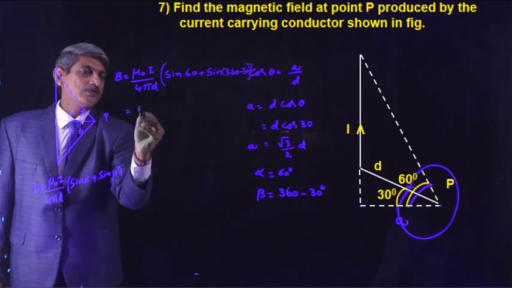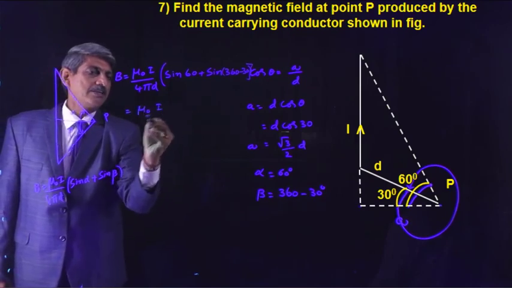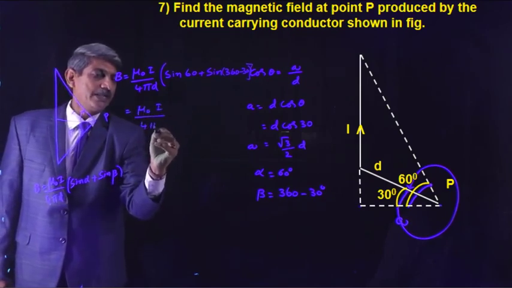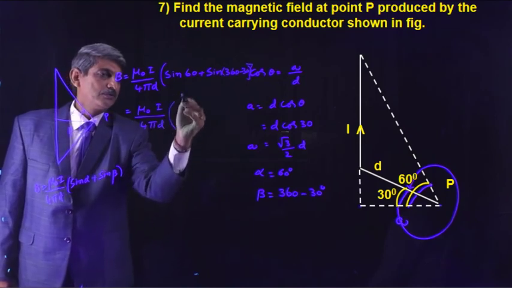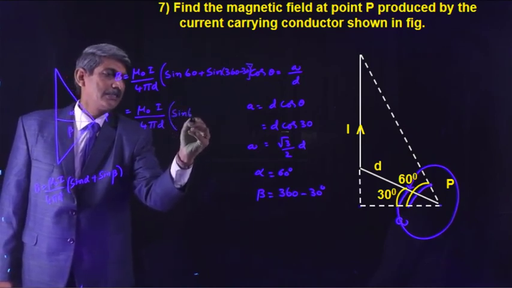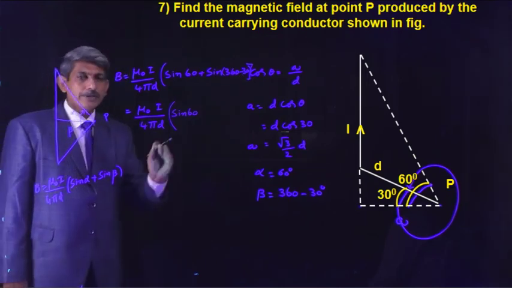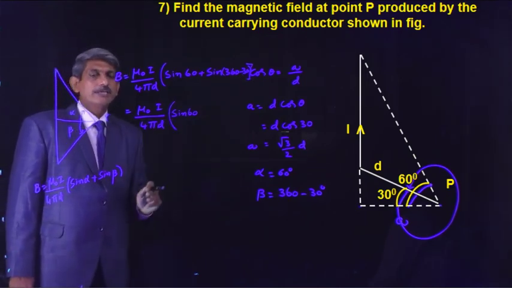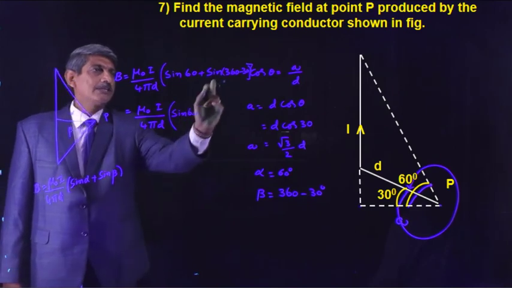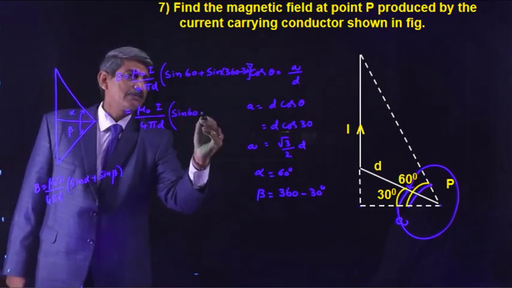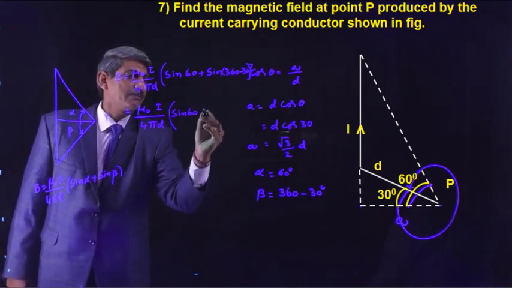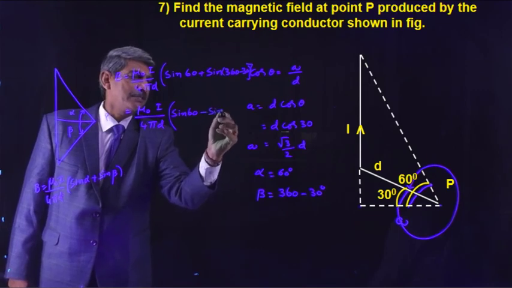This is equal to mu naught I divided by 4 pi d into sin 60 plus sin 360 minus 30. Sin 360 minus 30 locates in the fourth quadrant, and we know that in the fourth quadrant sin is negative. That's why this sin 360 minus 30 becomes minus sin 30.